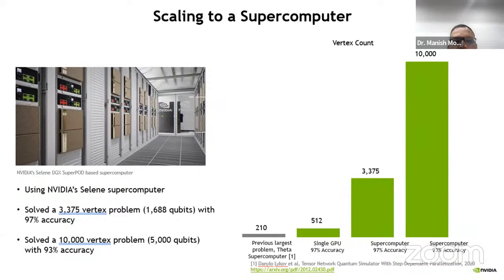There, if you see the speed up, vertex count, and supercomputer with 93% accuracy, we get up to a 10,000 vertex problem we could solve with 5,000 qubits. That is the power of accelerated computing.